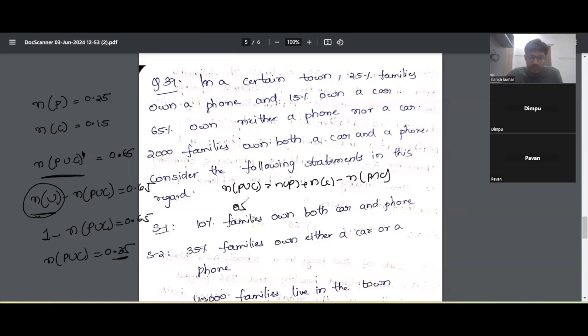So 0.35 equals 0.25 plus 0.15 minus n of p intersection c, which implies n of p intersection c is 0.05. He said 10%, so statement 1 is wrong. Only 5% own both. 35% own either a car or a phone, correct, because we got n of p union c as 0.35. Clear? Any doubts? No, sir. Okay.